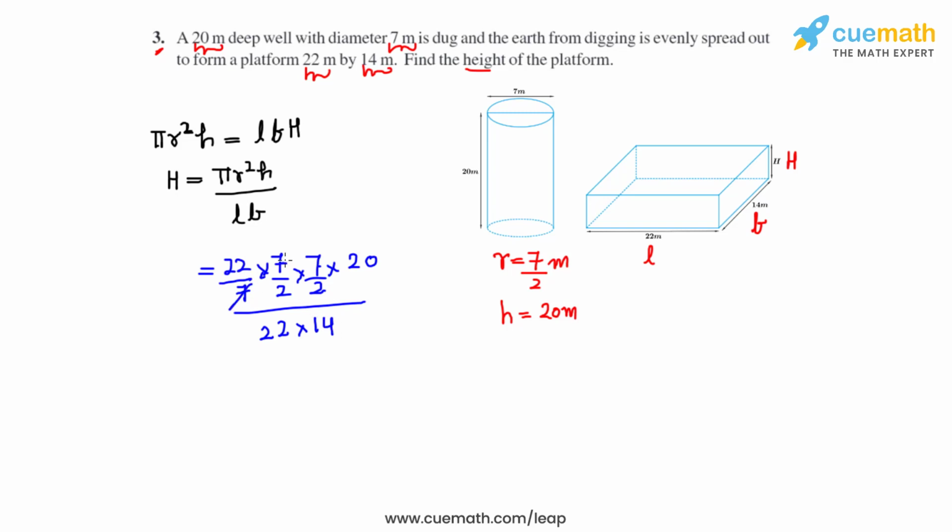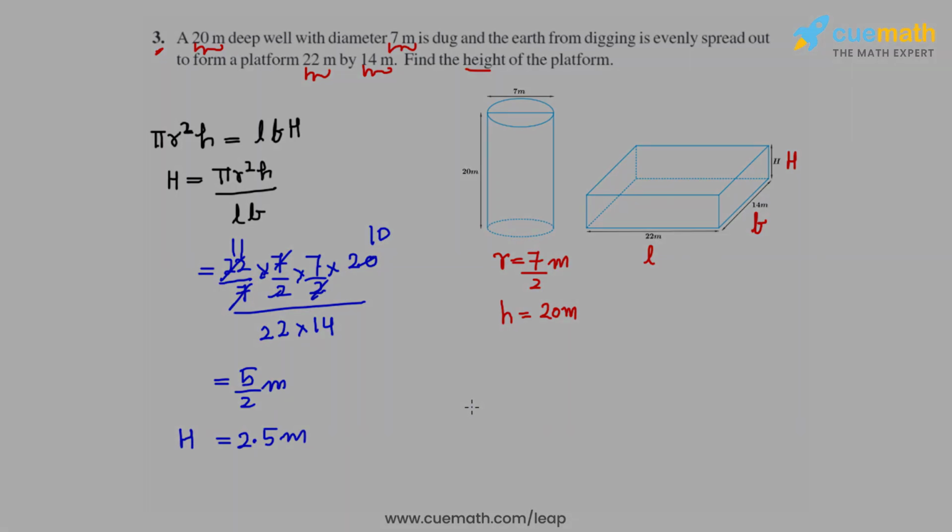So we can cancel out 7 and 7, 2 and 10, 2 and 11. And finally, we get the answer as 5 by 2 meters, which equals 2.5 meters. So the height of the platform will be equal to 2.5 meters, and this is how we solve this question.